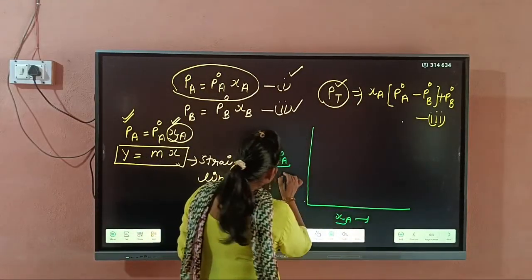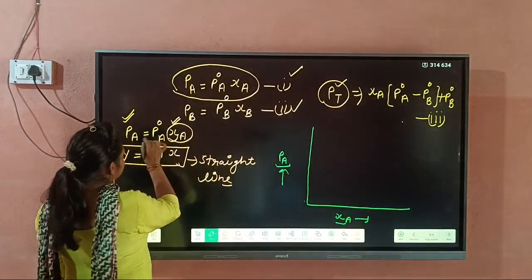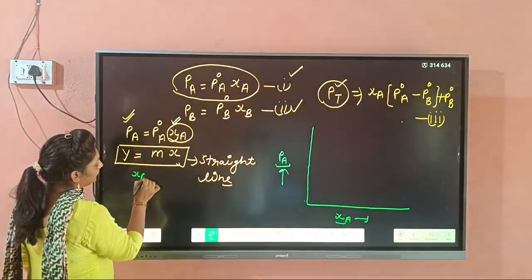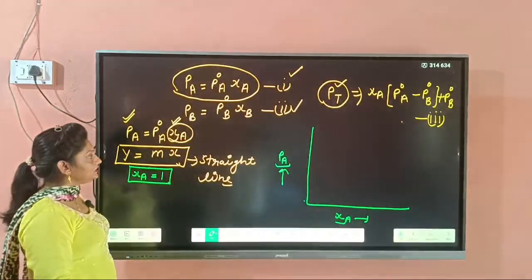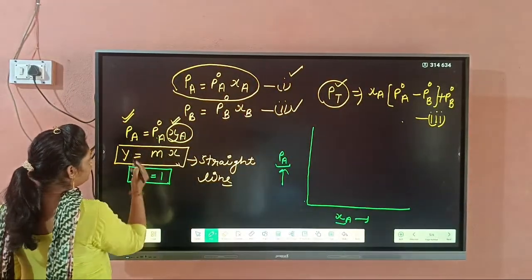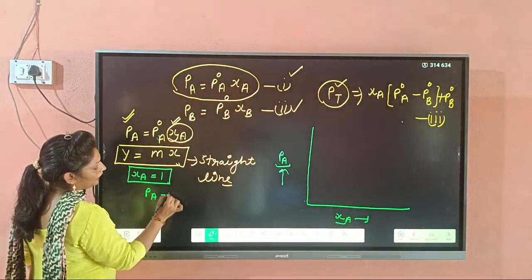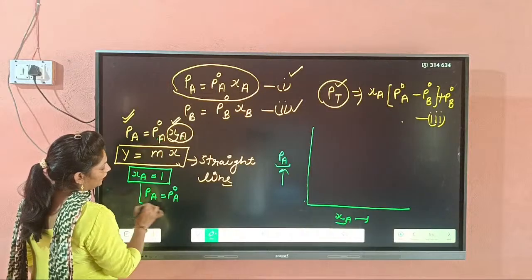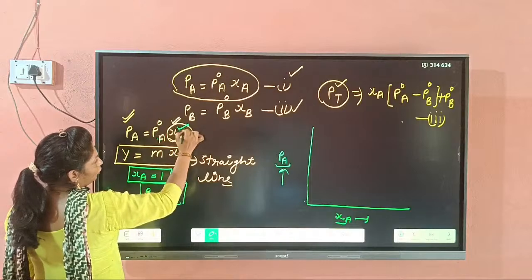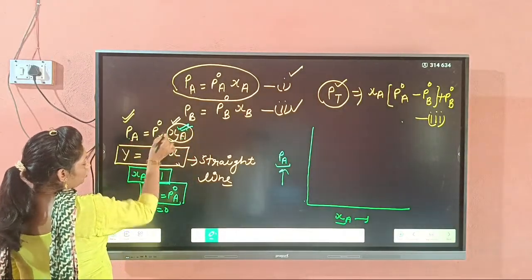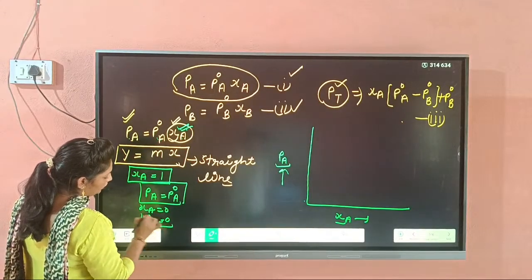Okay, students. So, according to the equation, if XA is maximum, mole fraction of solute is maximum. If XA is 1, so PA is equal to P naught A into 1. So PA is equal to P naught A. And if XA is 0, then total partial pressure of A will also be 0.